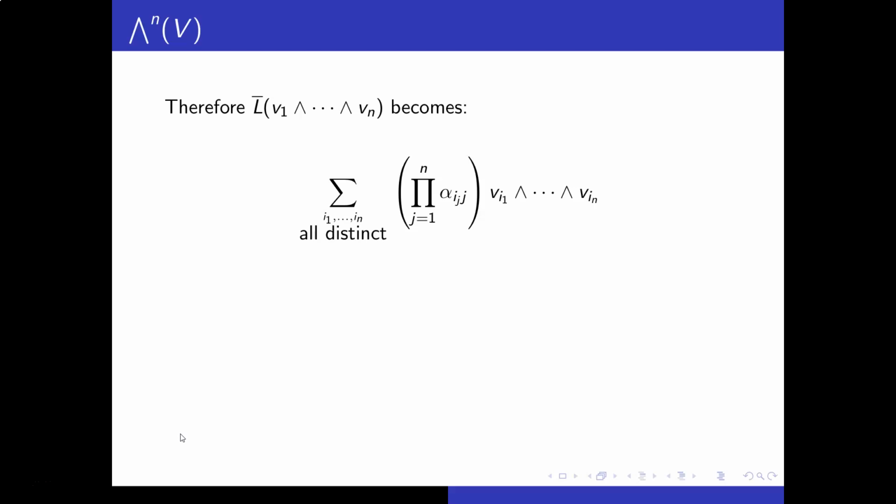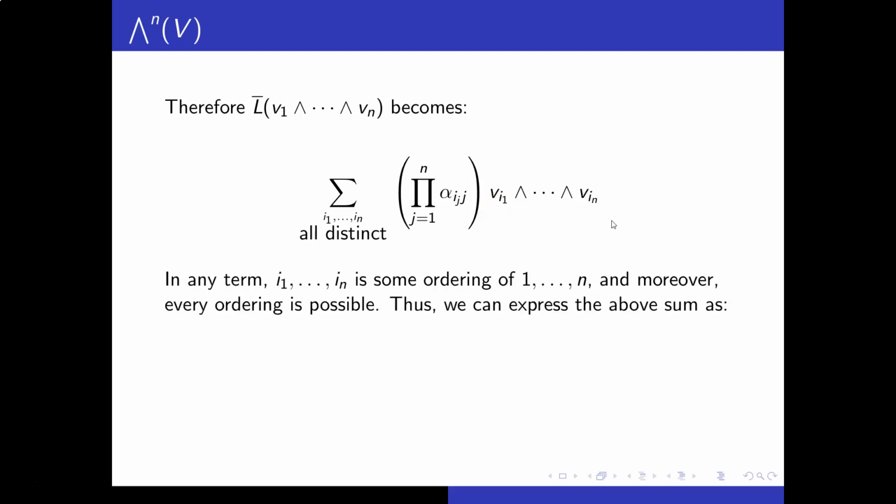All right, so I just now need to take the summation over all I sub 1 through I sub n, where they're all distinct values. All right, I will have some product of the coefficients, and then I will have V1 through Vn in some order. Okay, but that's the key. I1 through In have to be the ordering of 1 through n, and vice versa. Any ordering of 1 through n is going to appear.